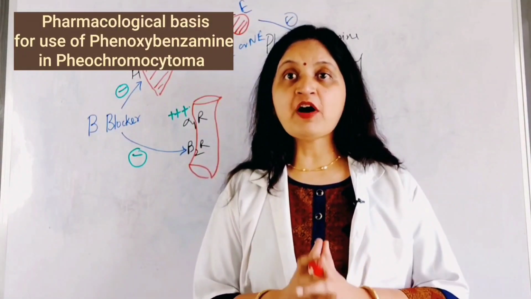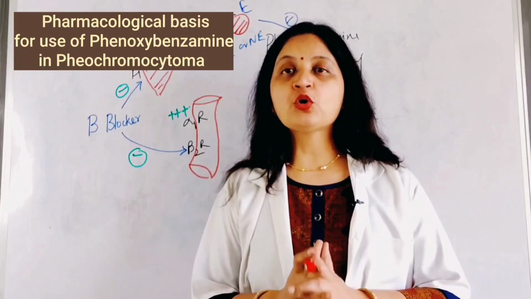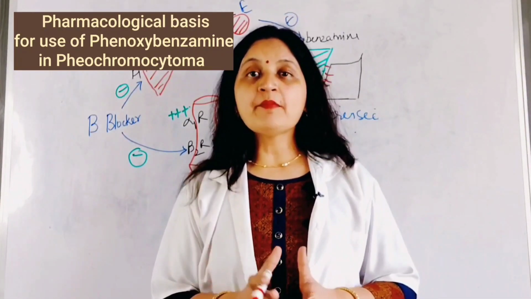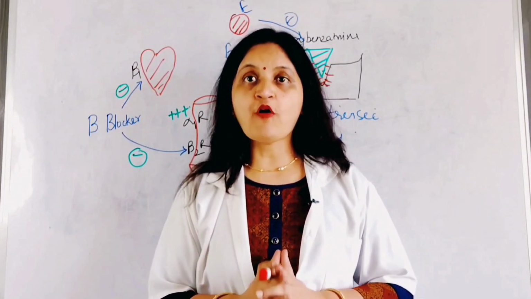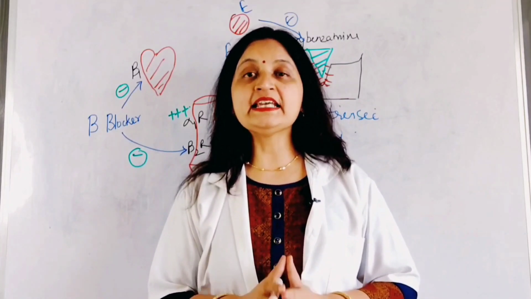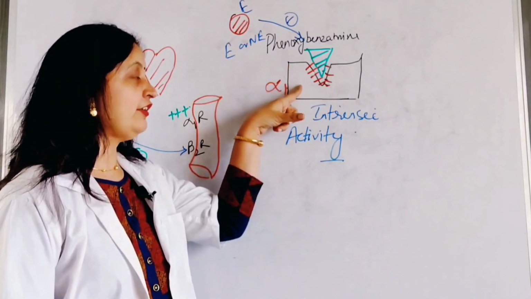So let's see what is the pharmacological basis for the use of phenoxybenzamine in the management of pheochromocytoma. As we can see in this figure, phenoxybenzamine has high affinity for the alpha-1 receptor.